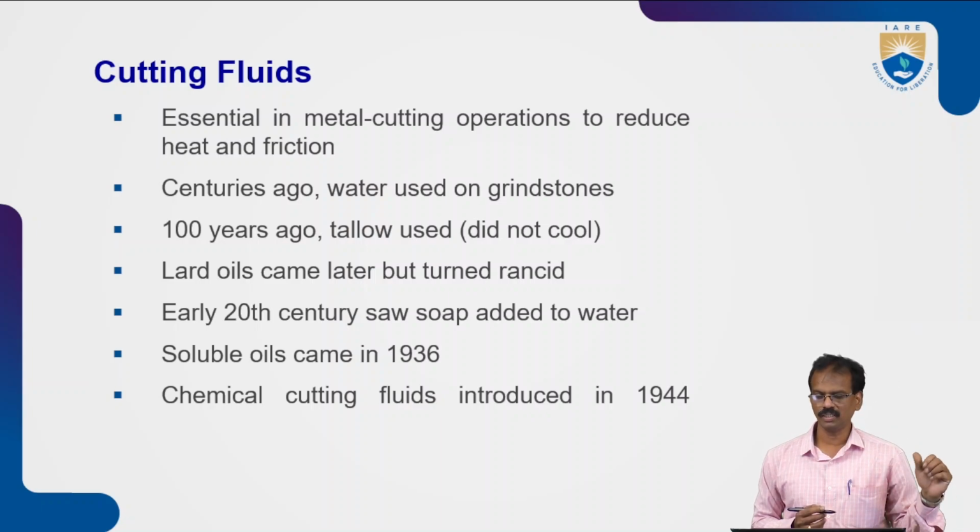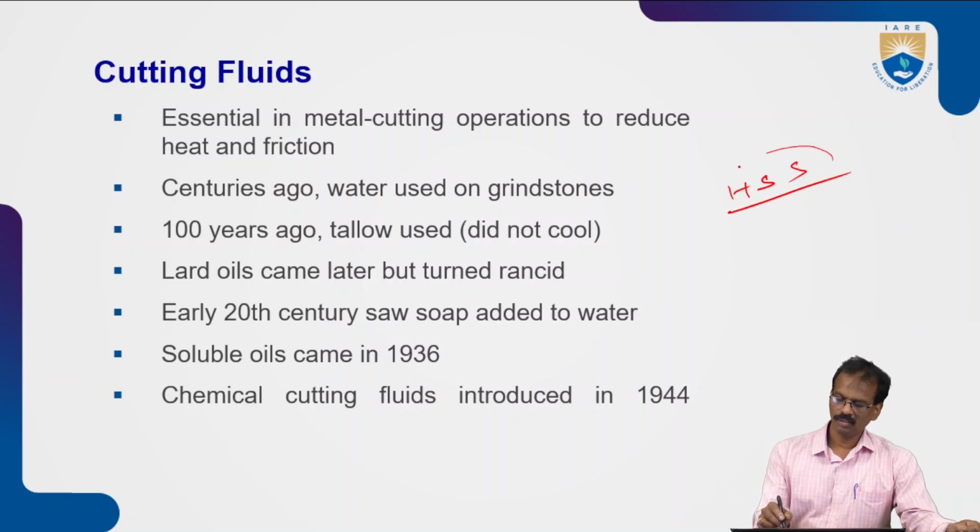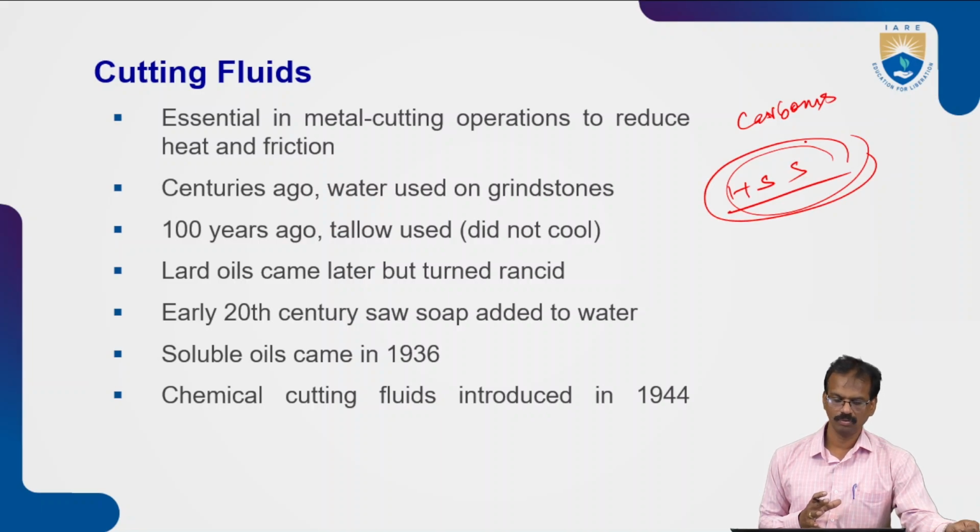In the last class we already discussed tool materials: low carbon tool materials and high speed steel materials. Most probably in industries, low carbon tools and high speed tools are used.